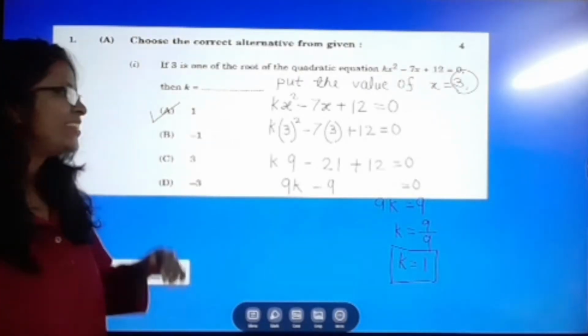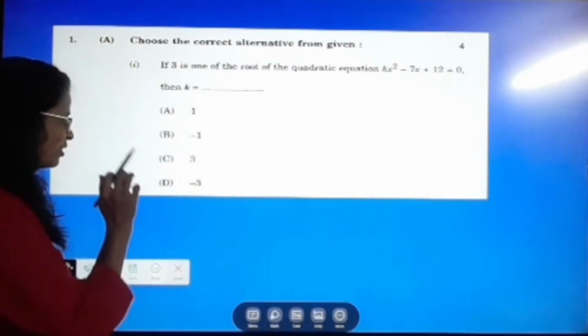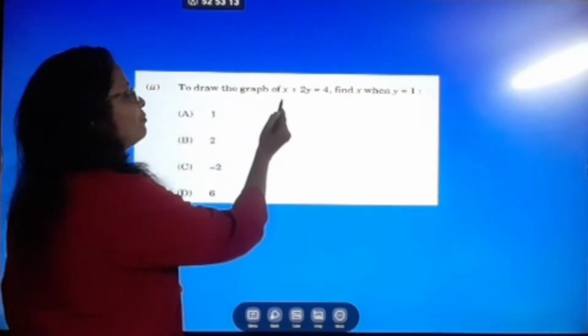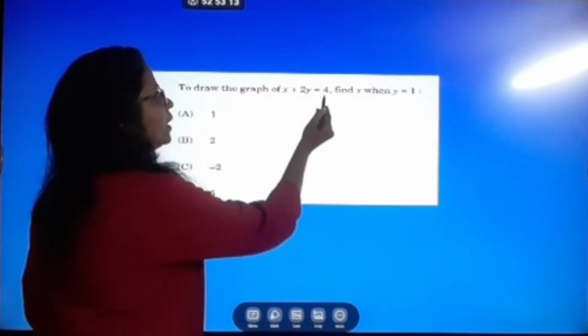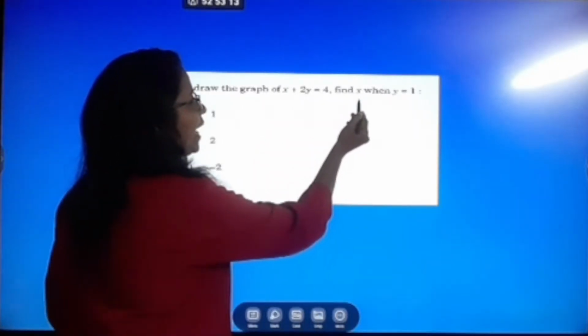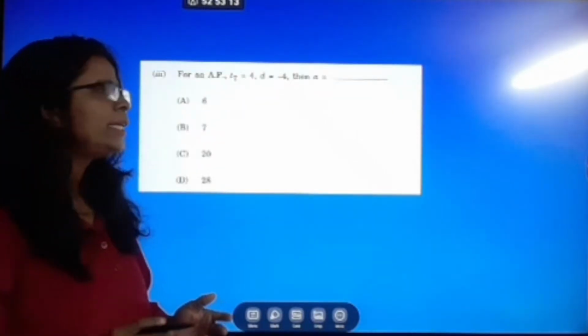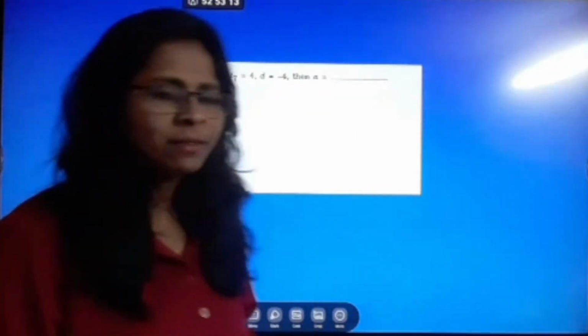Okay student. So now let us see the next question. Here students, the next question is to draw the graph of x plus 2y is equal to 4, find x when y is equal to 1. It is a simple question.